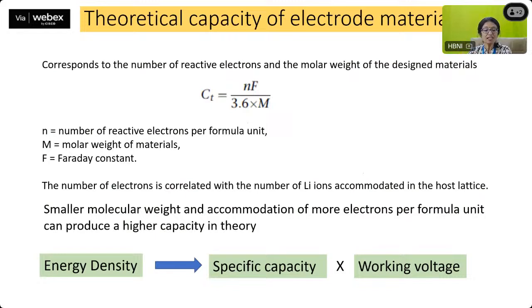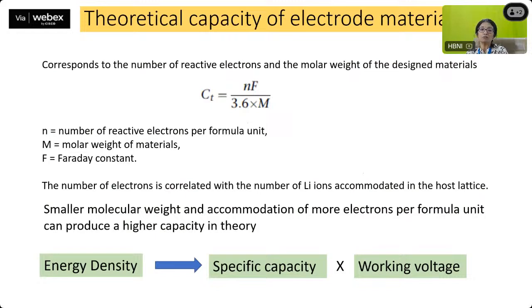The energy density, so this is the capacity, and energy density is what? This capacity multiplied by the working voltage. So if you want to improve the energy density, you have to work on the specific capacity, which depends on the material you are using to form the electrode.